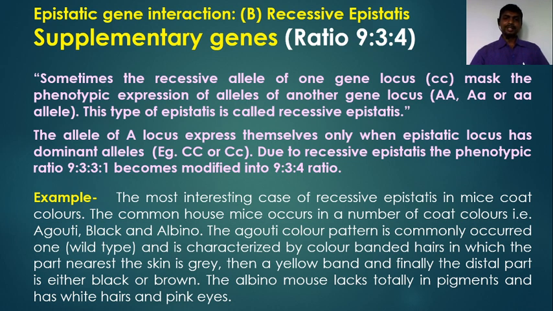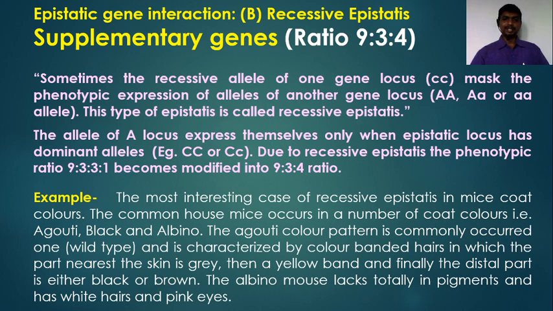So there are three types of coat colors found in house mice, and this coat color pattern is due to recessive epistasis. Here we are going to study these supplementary genes with the help of the example of mice coat color. There are three coat colors: agouti, black and albino.